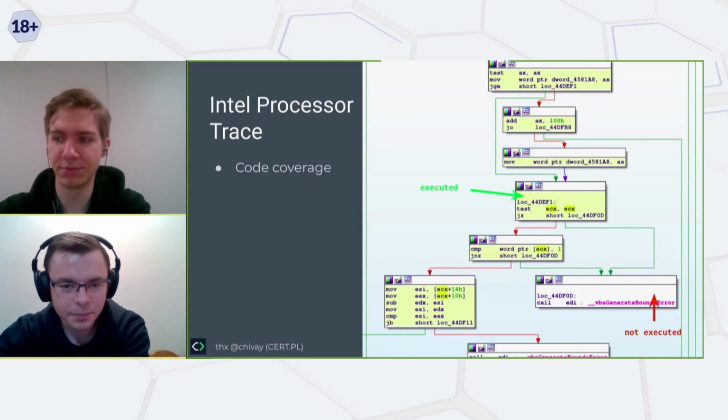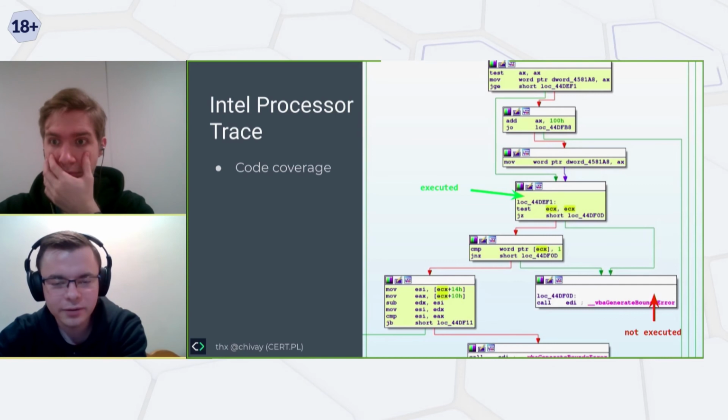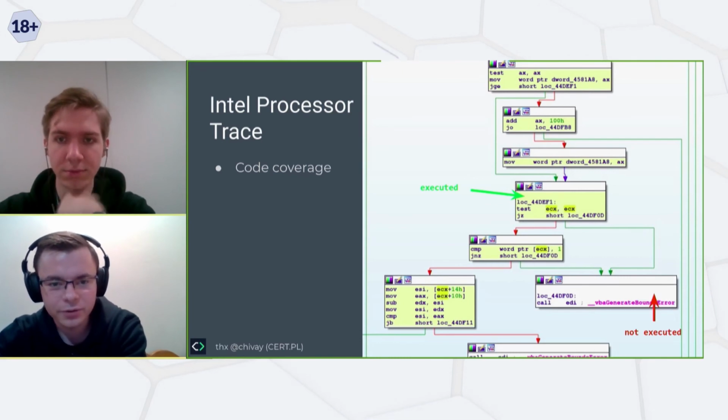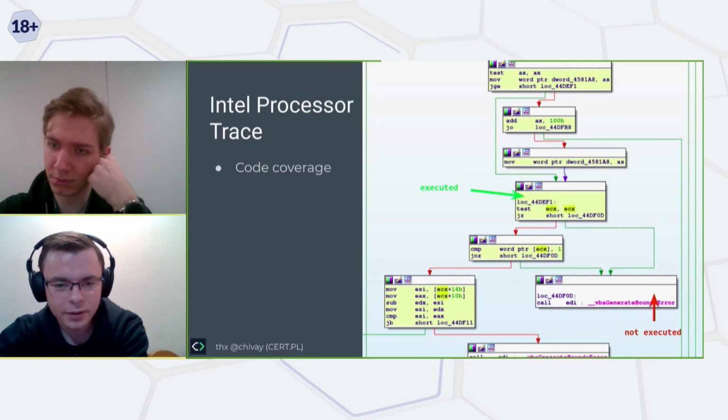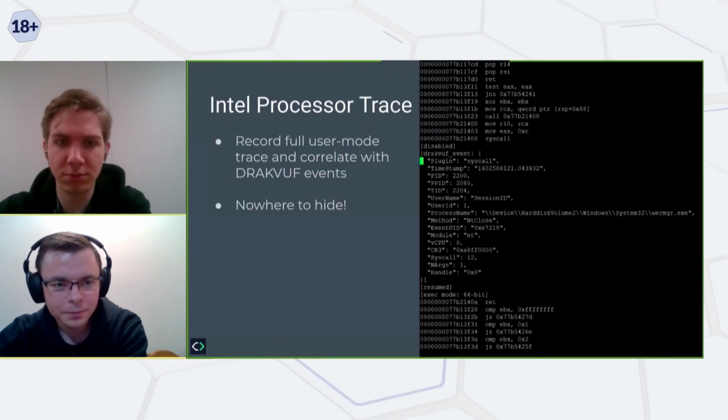And using Intel Processor Trace, we are able to do that with a very small performance overhead, only the overhead that is introduced by Intel Processor Trace itself, but it's a very cheap feature, actually.